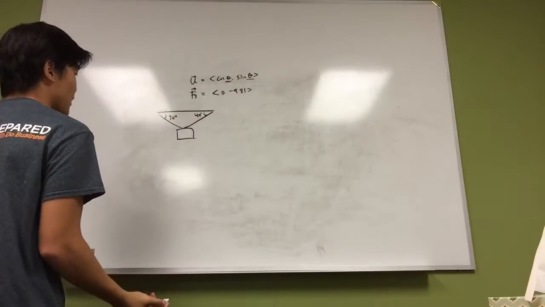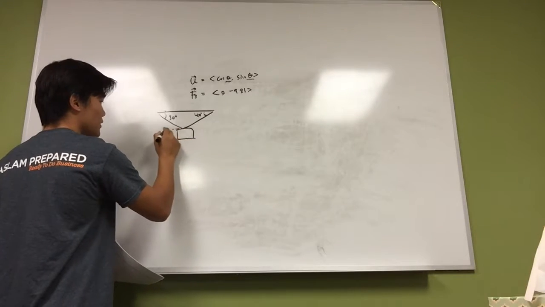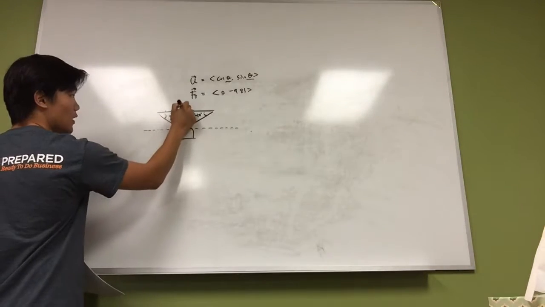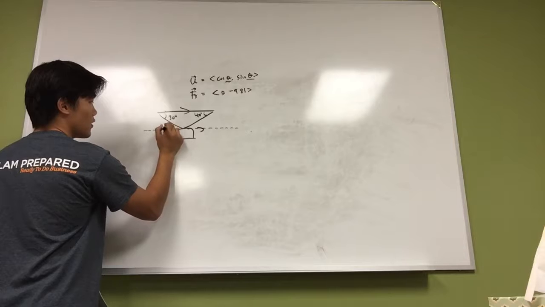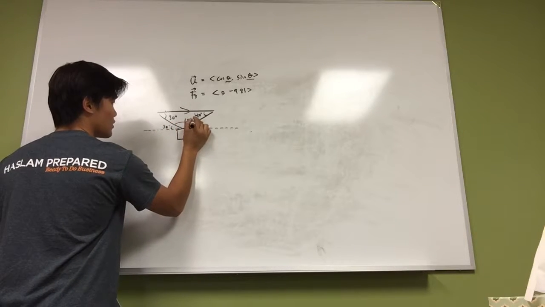Now we don't want to have thetas, we want to have an angle. So how do we find an angle? Again, we have an invisible line right there, and these two lines are parallel. So what does it tell you? This is 30 degrees, and this would be 150 degrees.